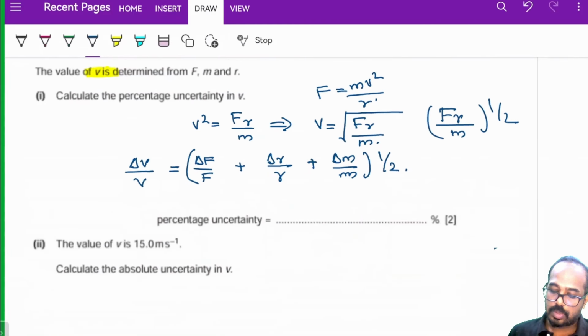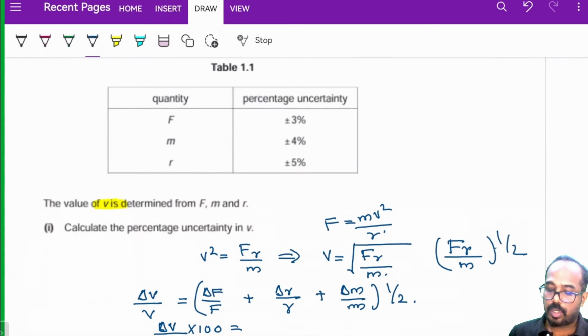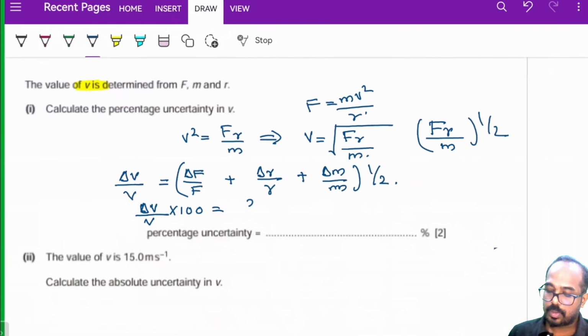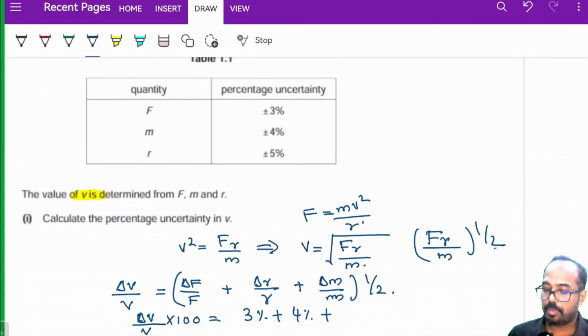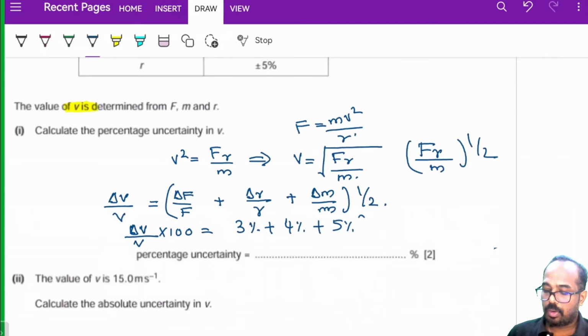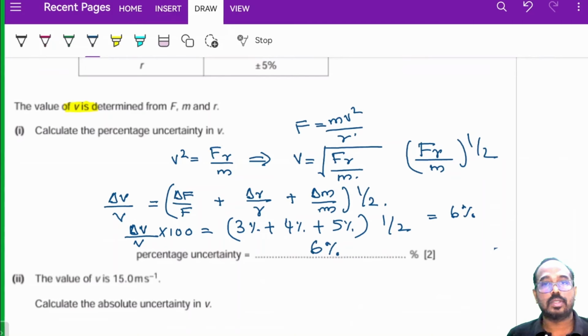So that means percentage uncertainty delta V upon V into 100 equal to percentage uncertainty in force, it is 3%, plus in radius it is 4%, plus in mass measurement it is 5%, the whole multiplied by half. So what will be the answer? 9 plus 3, 12 divided by 2, 6% will be the percentage uncertainty in velocity. So you can write the answer as 6. I hope you got it, okay?